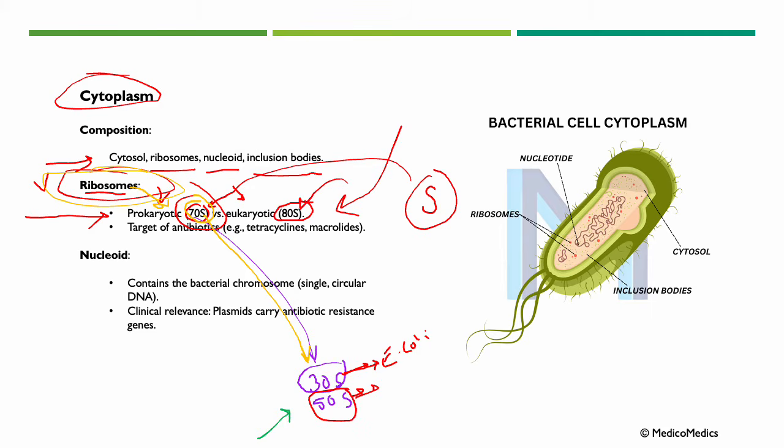Now, what about the eukaryotic cells? Here we have 80 Svedberg units.